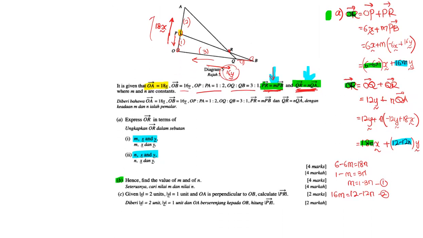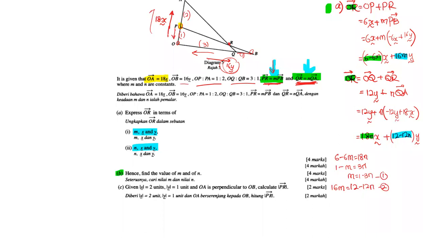Then move down a little bit, substitute 16 times 1 minus 3n. Of course, you can simplify, but I'm lazy to simplify. 16 minus 48n equals to 12 minus 12n. 4 equals to 36n.